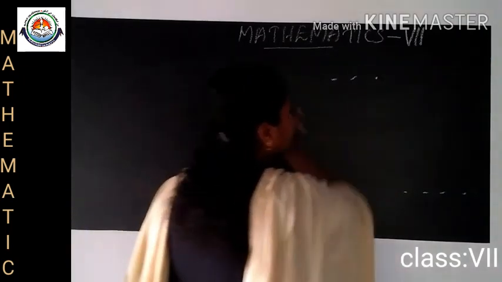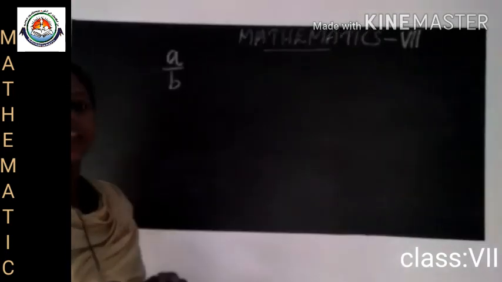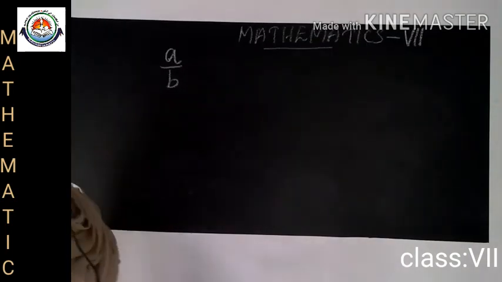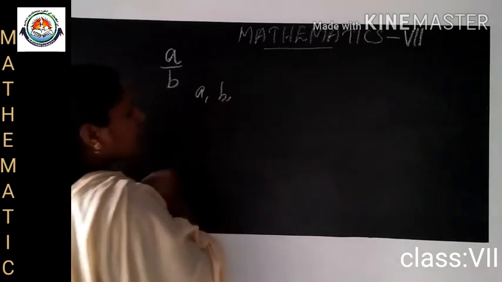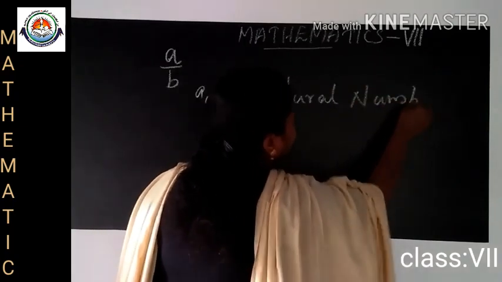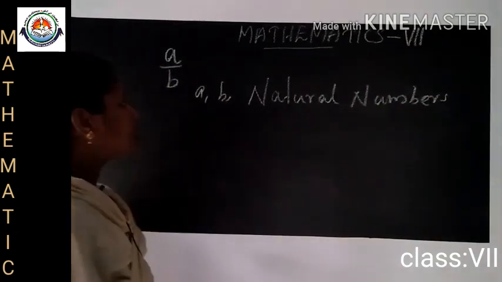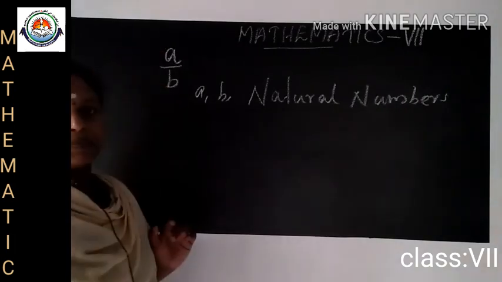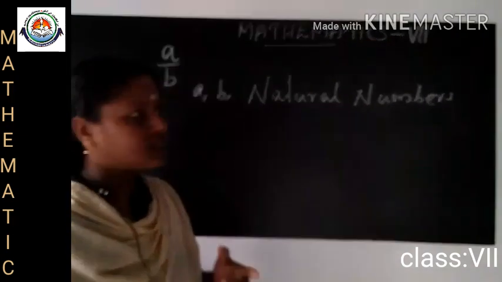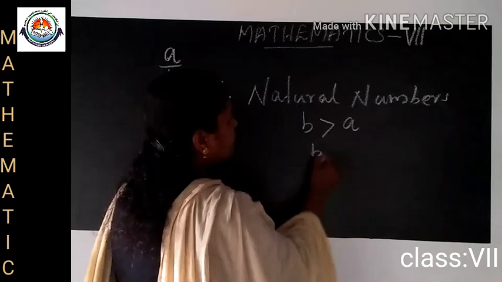Fractions means we can express the numbers in the form of a by b, where a and b are natural numbers, and one more condition, b is greater than a, and b is not equal to 0.